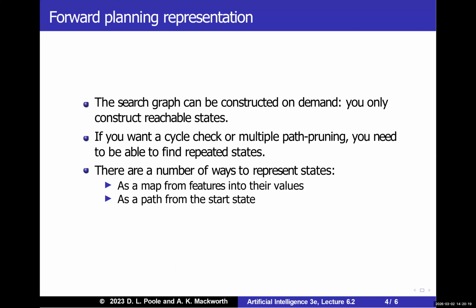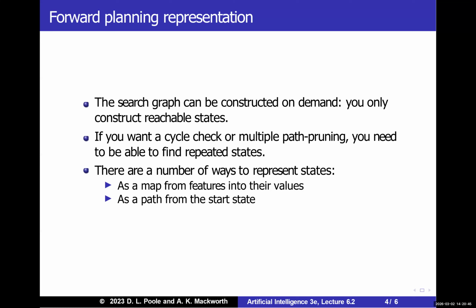Now, when implementing forward planning, we typically do not generate the entire state space in advance. Instead, we construct the search graph on demand. That means we only generate states that are reachable from the initial state by applying valid actions. This matters for efficiency. In realistic problems, the number of theoretically possible states can be enormous.